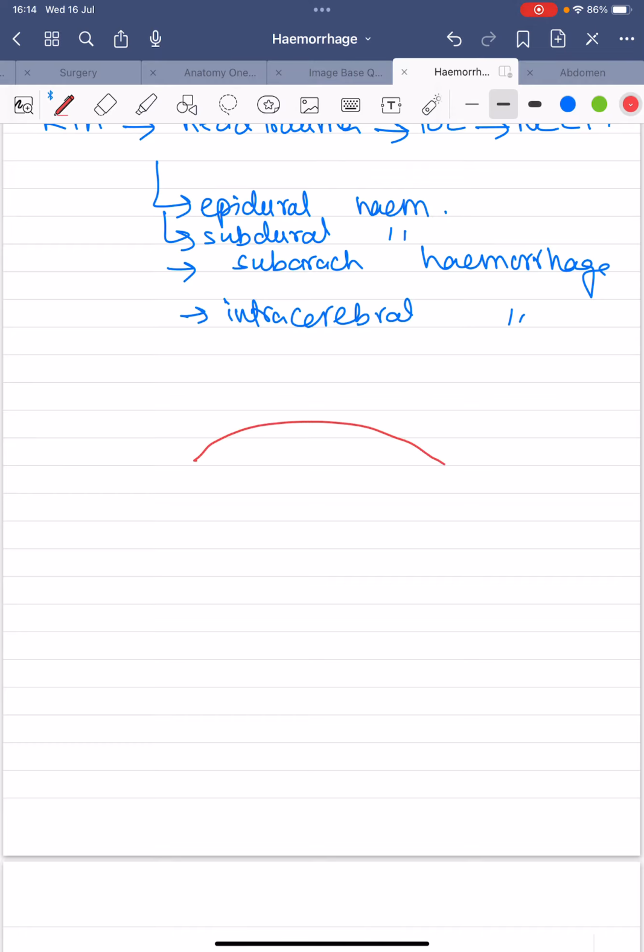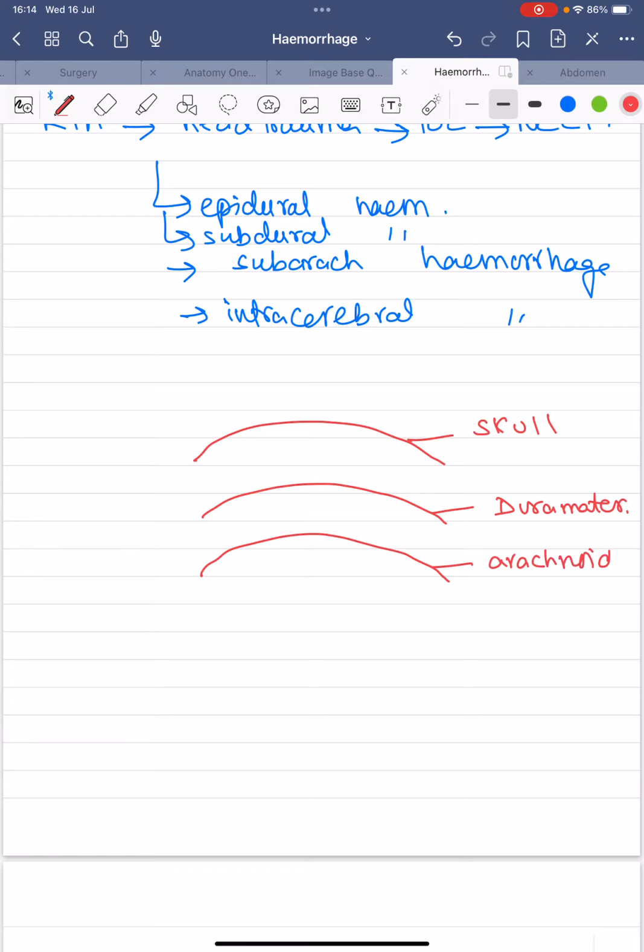This is the dura mater, this is the arachnoid mater, and this is your pia mater. These three are the meningeal layers of the brain. And this is your brain. It's covered by the pia mater, then arachnoid mater, dura mater, and the skull.